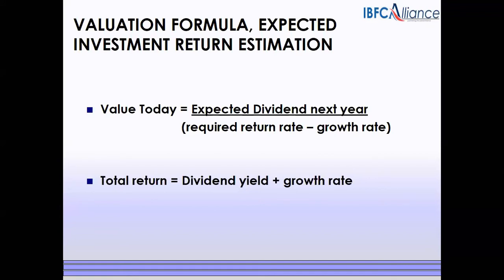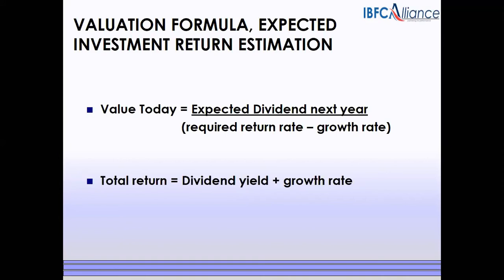If the share price is 100 and dividend is 14 naira, it means that the dividend yield is 14%, because dividend yield is dividend divided by price. Now, if that company is growing its dividend at the rate of 10% per annum, that means that the total return from that investment over the long term will be 14% plus 10%, 24%.